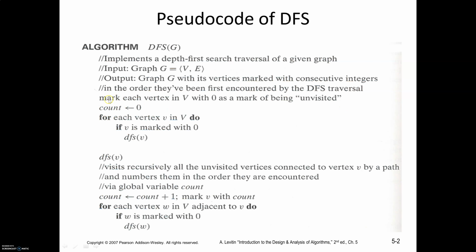Then set the global variable count to value 0. For each vertex V, if V is marked with 0, call the DFS algorithm with V. Then increment the count, mark V with count. For each vertex W adjacent to V, if W is marked with 0, call the DFS algorithm.